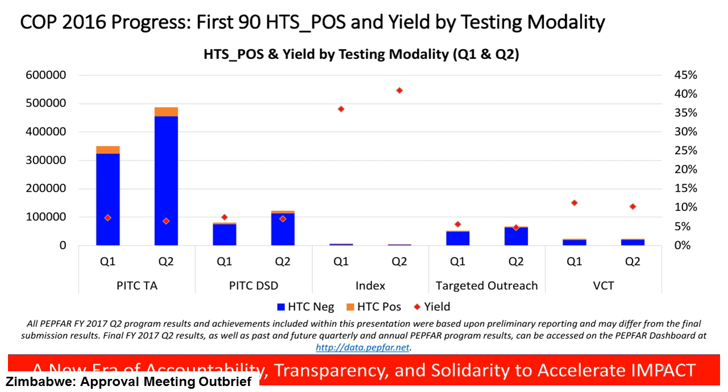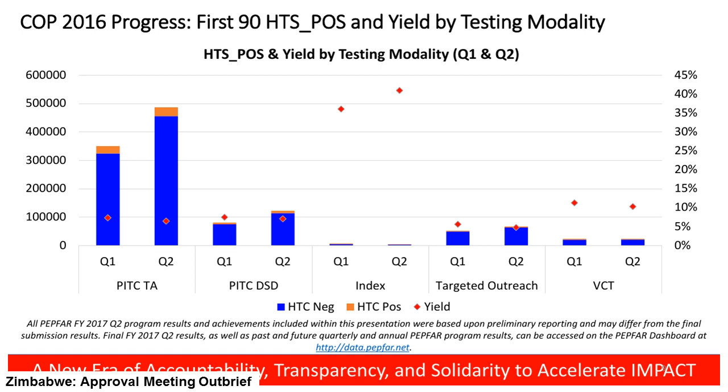So this is an example of similar data from Zimbabwe. And this is breaking the results down by the different types of testing modalities. So here, the bars, both the blue and the orange part of the bar, represent the total number of tests that were conducted.